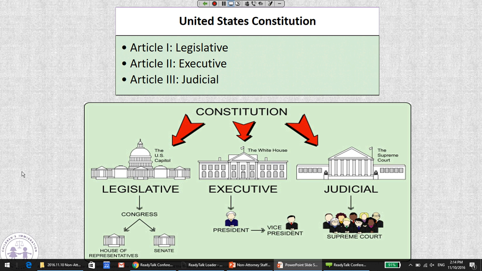That's pretty basic stuff. So where does immigration fit into this scheme? We just said the judicial branch is the courts. That should be pretty simple, right? Not exactly. Immigration courts actually fall under the executive branch of government, under the Department of Justice. And that's where it gets a little more complicated with how things play out.